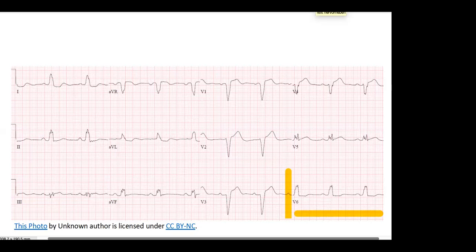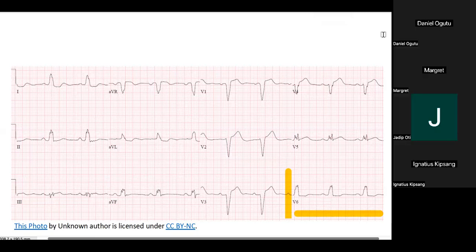I'll start with V6. When I look at V6, first I think it's prolonged. The QRS is prolonged, and then there is no Q. Normally the Q descends below the isoelectric line, but there's no descent, and then it looks more of an M shape.